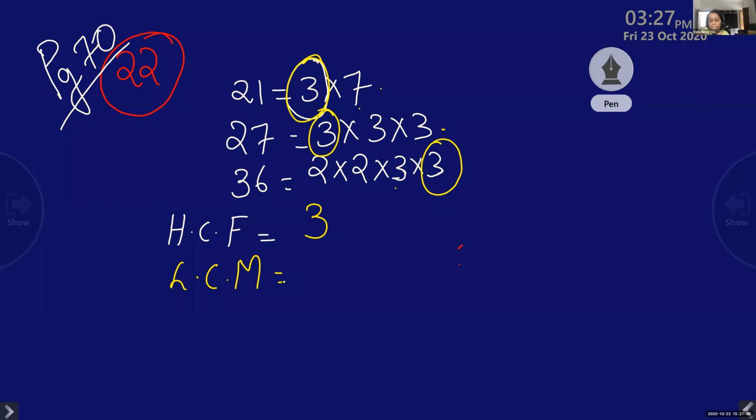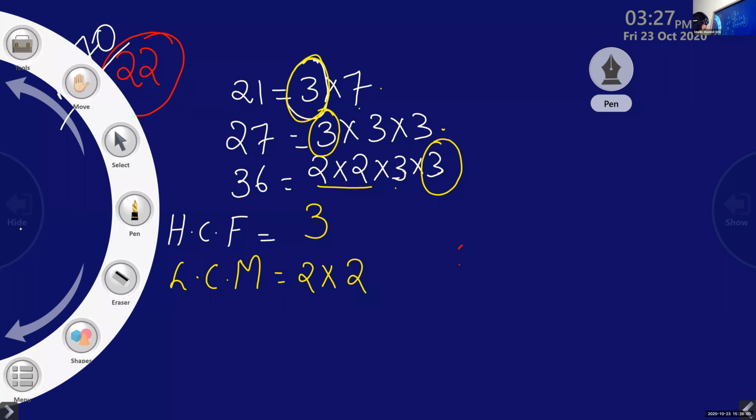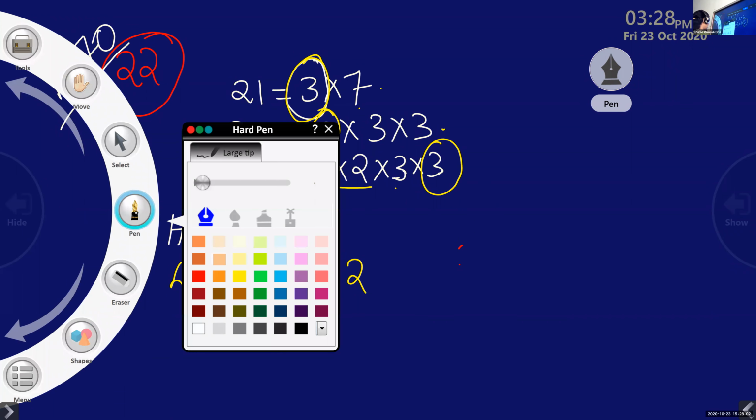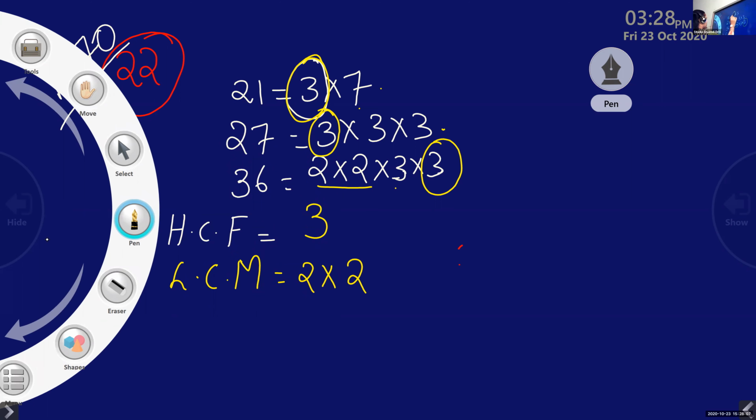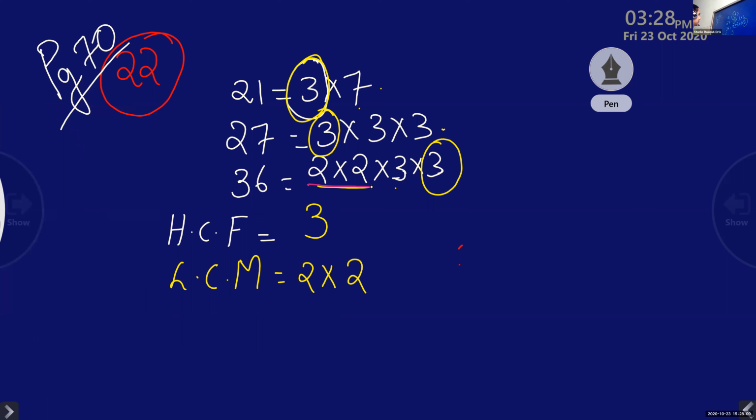Now tell me, 2 is repeated maximum how many times? 2 times. Okay. So here we have 2 times. I'll choose another color here. So LCM and HCF, we can see they are different. So here 2 is repeated maximum 2 times.